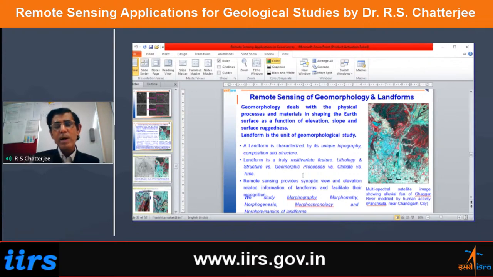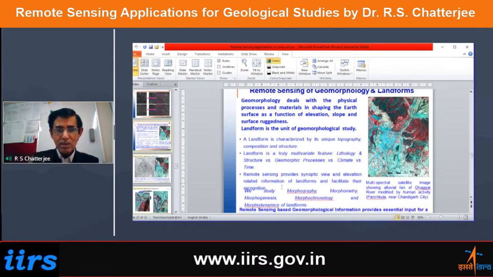Okay? And why is remote sensing important? Because you see here the remote sensing image, you get the synoptic view, you get the terrain elevation, isn't it? So terrain elevation, this information you can get from the satellite image as well as the digital elevation model. So remote sensing provides synoptic view and elevation related information of the landforms that facilitate their recognition.